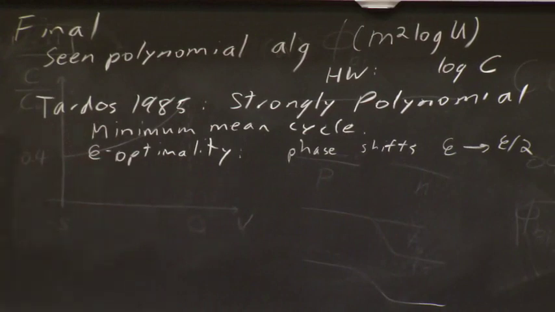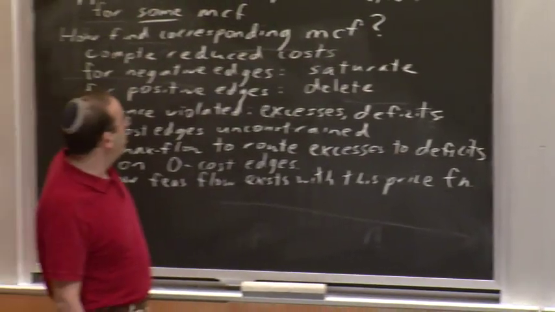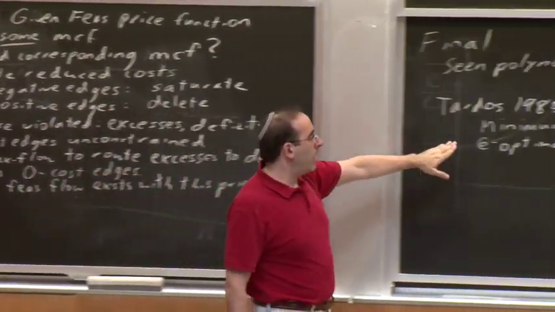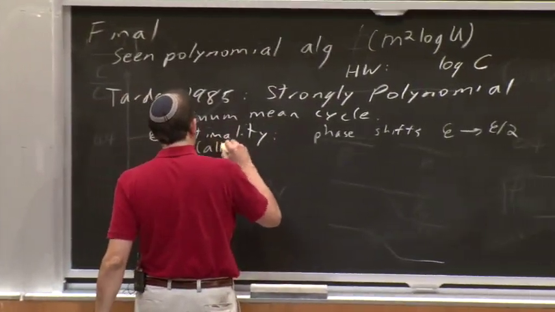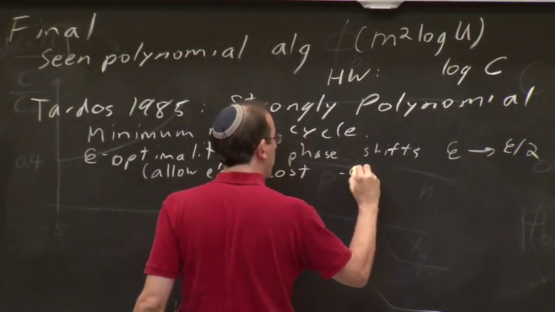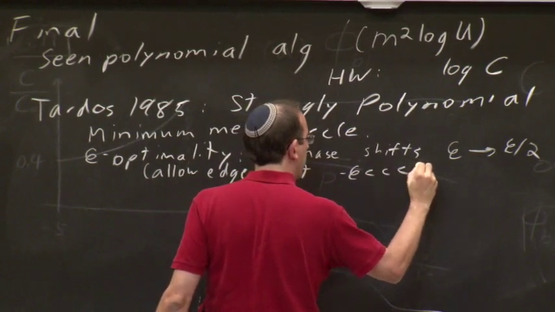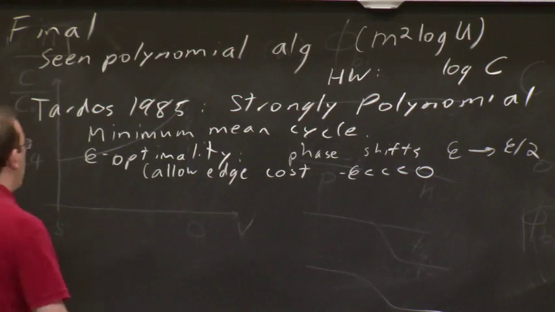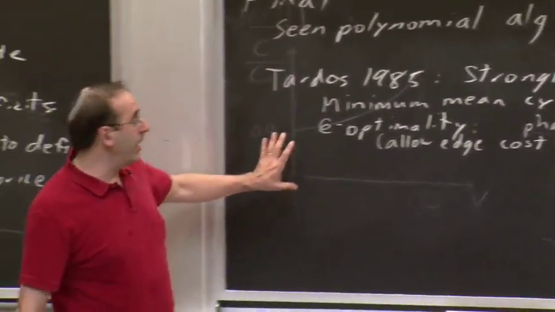What does "to within" mean? Roughly speaking, in an optimal solution you want no negative cost edges under reduced costs. Under epsilon optimality, you allow edge costs that are between minus epsilon and 0. You consider the solution OK if the edges are almost positive. But this just gives you a scaling algorithm.